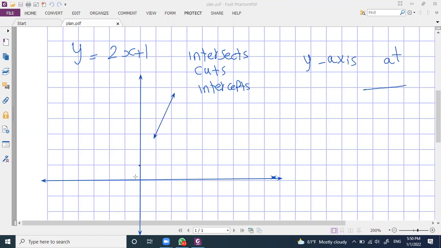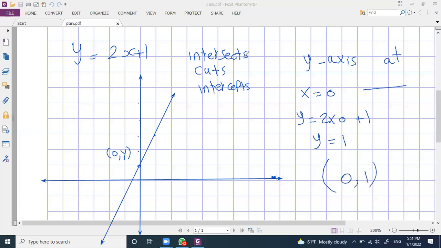Any straight line cuts the y-axis at the point (0, y). Any point on the y-axis is (0, y), because x is always 0: (0, 1), (0, 2), (0, 3), (0, 4), (0, 5). So for this line, put x equals 0. So y equals 2 times 0 plus 1, so y equals 1. So this line intersects the y-axis at the point (0, 1).